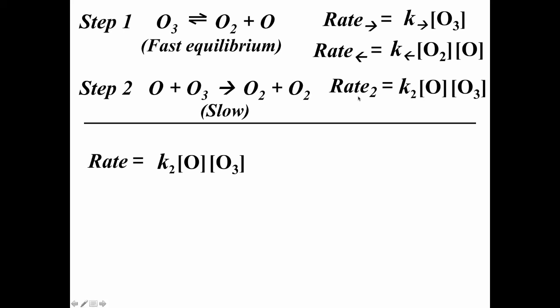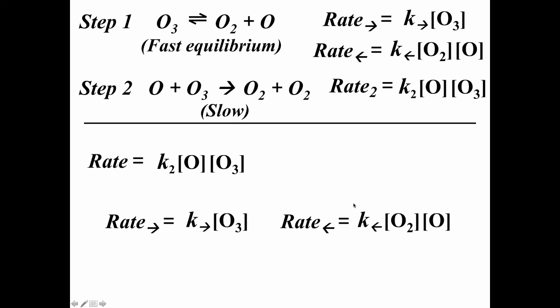And note, since the slow step was step 2, we're going to use that for our overall rate. Rate is equal to the rate for step 2, which is equal to K2 times [O] to the first times [O3] to the first. We cannot have O as part of our rate law because it's an intermediate, so we're going to have to find a way to get rid of it.